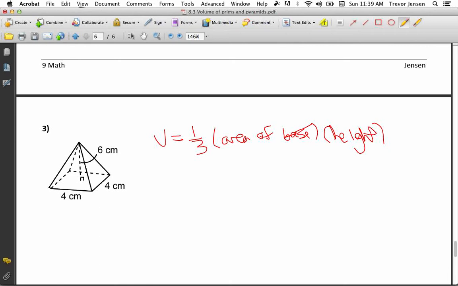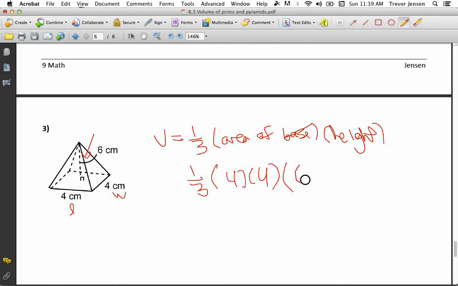Area base, it's a square base, so just length times width will give you the area of the base, which is 4 times 4. So you can plug that in for area of base. 4 times 4. And then you need to multiply that by the height of the pyramid. It actually gives you the height of the pyramid this time. It gives you the length from the middle of the base to the vertex. That'll give you the height of the pyramid.